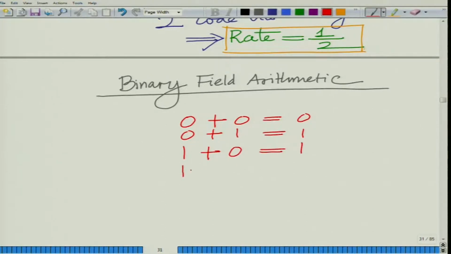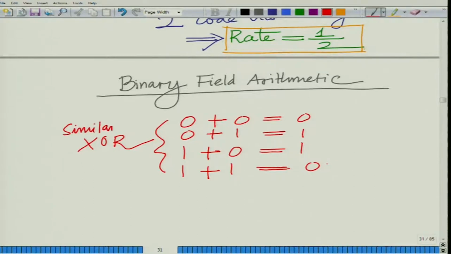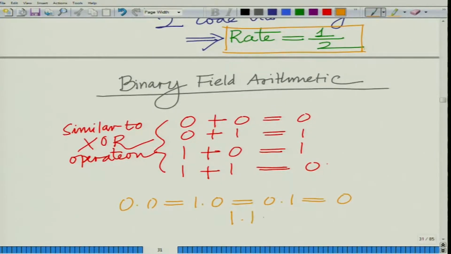This is similar to an XOR. Addition over the binary field is similar to an XOR operation, and multiplication, 0 into 0 equals 1 into 0 equals 0 into 1 equals 0, 1 into 1 equals 1. So, this is similar to an AND operation. So this is basically your binary field arithmetic.